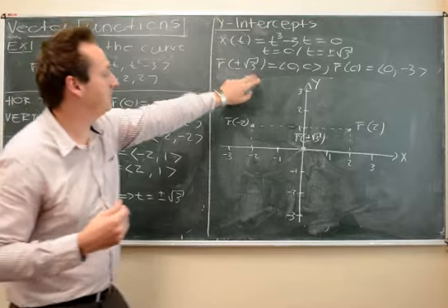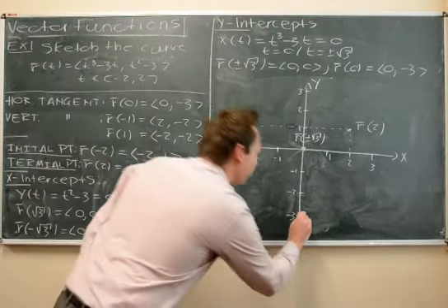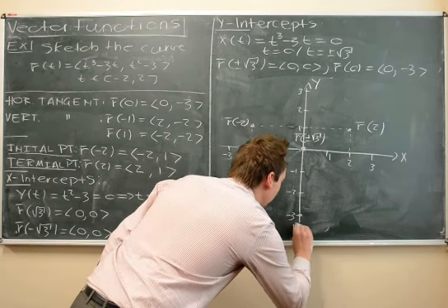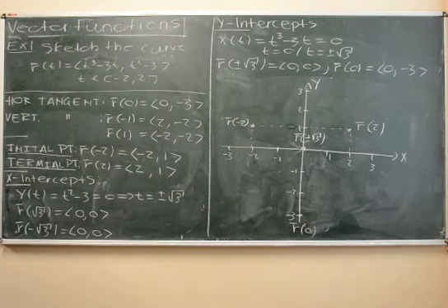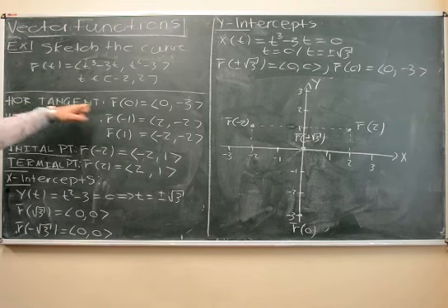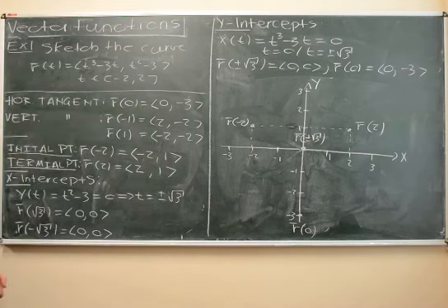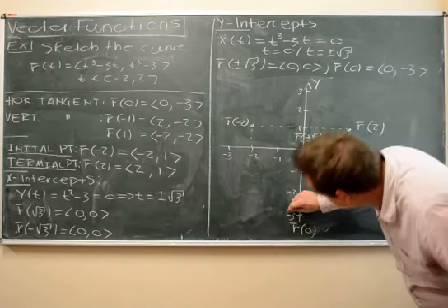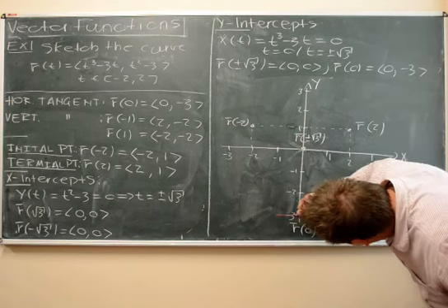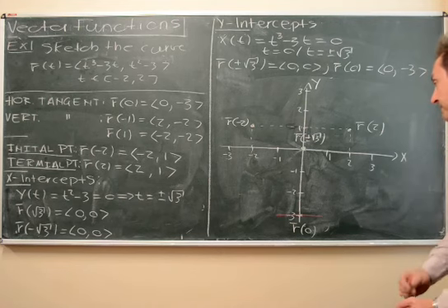We found the y-intercept, r of 0 equals (0, -3). So there we have r of 0. Now let's put our horizontal tangent. Our horizontal tangent is at r of 0, (0, -3). So that means here when we cut the y-axis, we also have a horizontal tangent. Let's just draw a horizontal line to indicate we have a horizontal tangent.